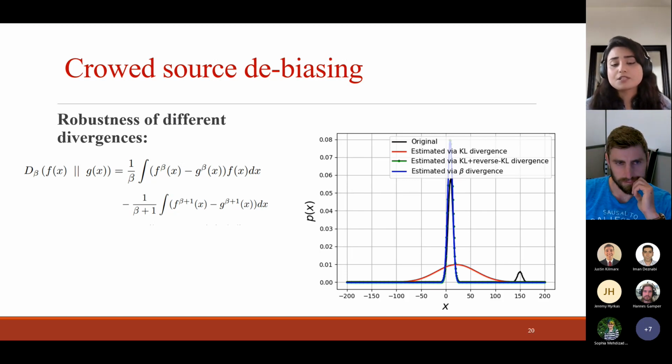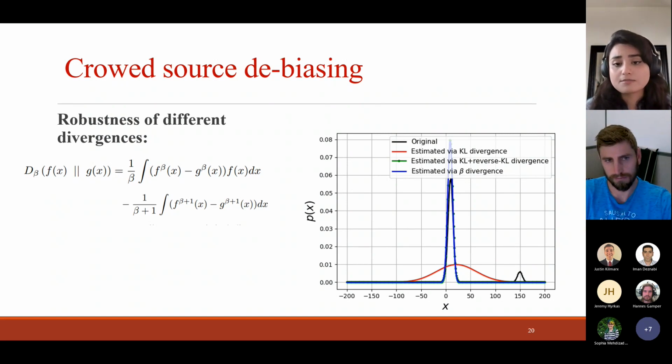In this simple simulation, which is generated from a 2-mode Gaussian distribution, there's a tall mode and a short mode, where the tall mode shows the inliers and the short mode shows the outliers. The KL divergence estimates something in between, and the KL plus reverse KL and beta divergence only estimate the tall mode, which means that they are more robust to outliers if there are any outliers in our distribution.